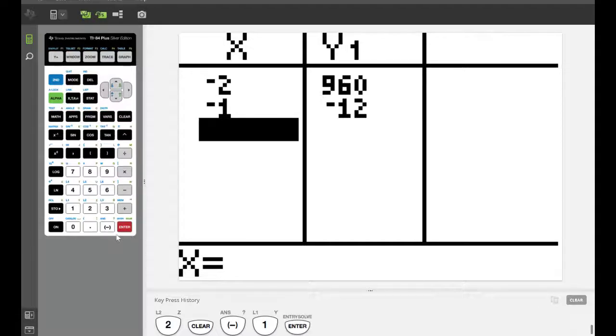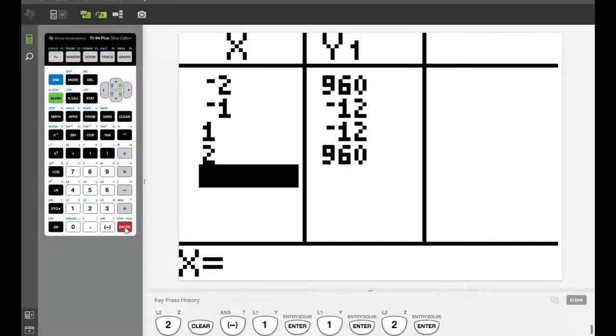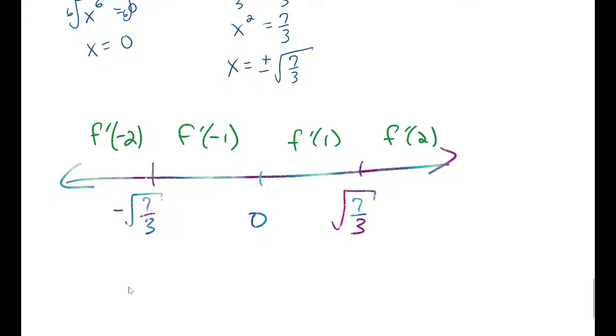And then we did +1, and then +2. I believe those were our values. Let me double check. -2, -1, +1, +2. All right.